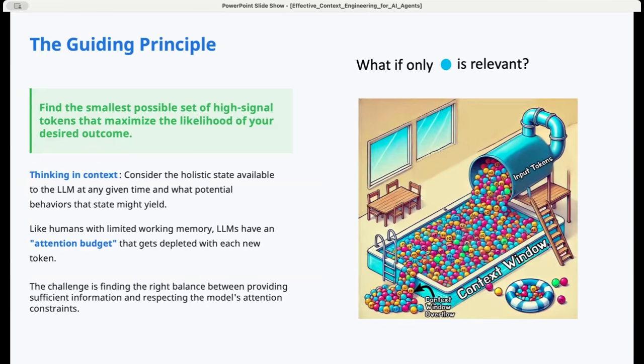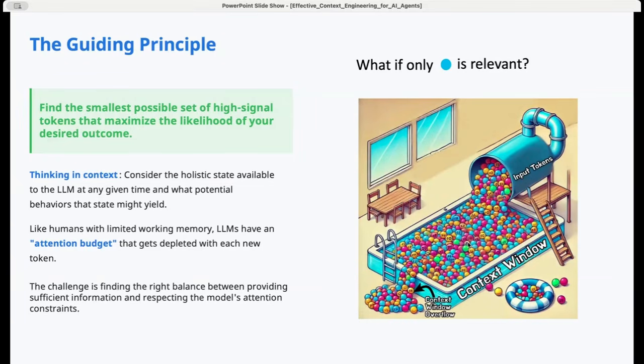This is your big pool of context that the LLM can accept, with so much colorful information in it. But to answer that one request effectively at one iteration, maybe only the blue ball is relevant to answer that request or to move to the next timestamp.